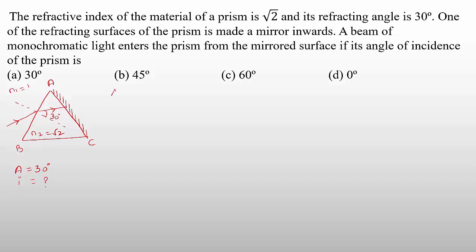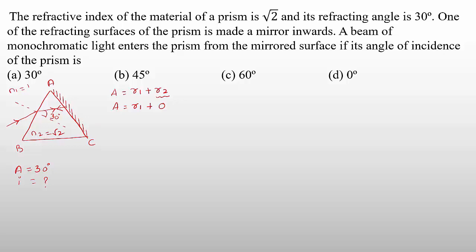So we have the equation A equal to R1 plus R2. Right? A equal to R1 plus, in place of R2 I am going to write 0, because when this refracted ray falls on the surface AC, this ray of light is turning back in the same path in the opposite direction because the outward surface is an opaque medium.